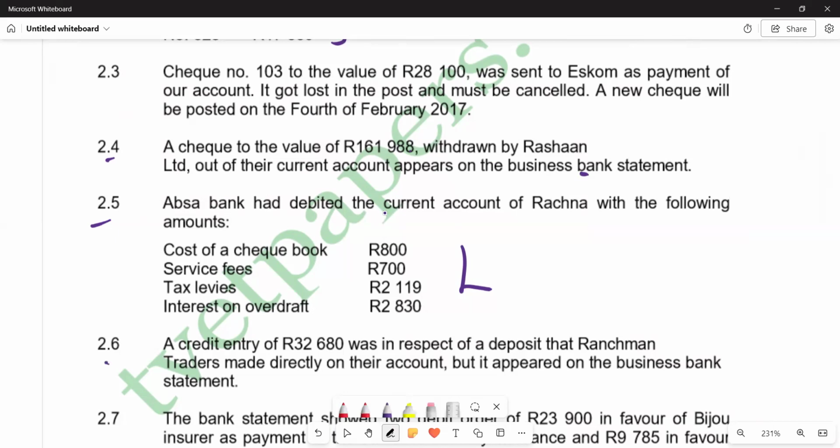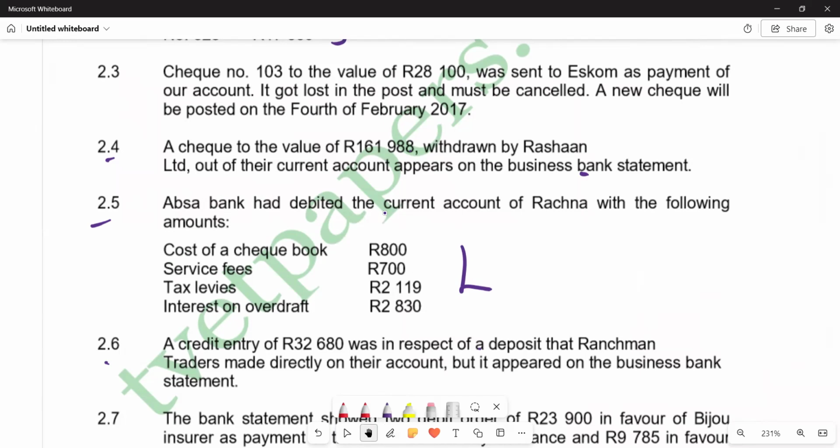2.6 reads a credit entry of 32,780 was in respect of a deposit that Rashid Traders made directly into their account, but it appeared on the business bank statement. So we are seeing that this 32,780 is a deposit, which means whenever there's a deposit, it goes to the credit side of the bank statement. But it was not supposed to be there. So we need to remove it by entering it on the opposite side, that is the debit side.